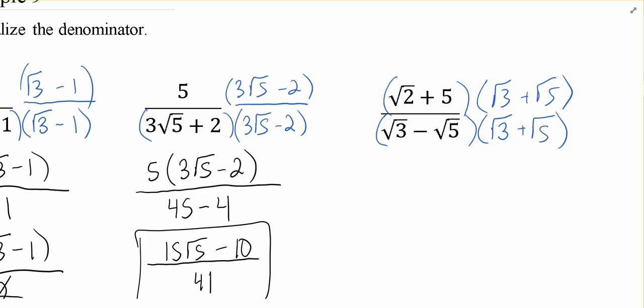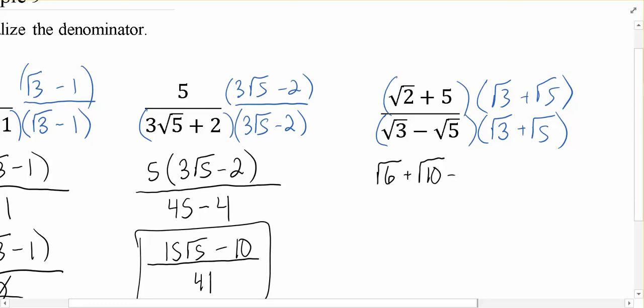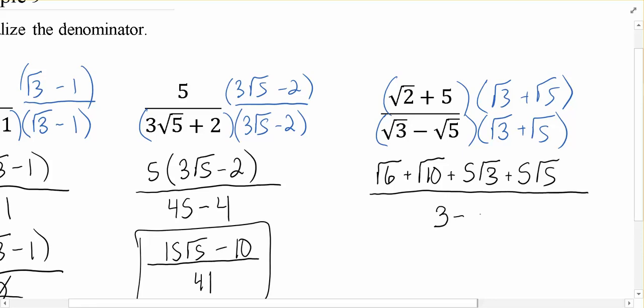Now in this problem up top, we're going to need a FOIL: first, outside, inside, last. And on the bottom, a squared minus b squared.